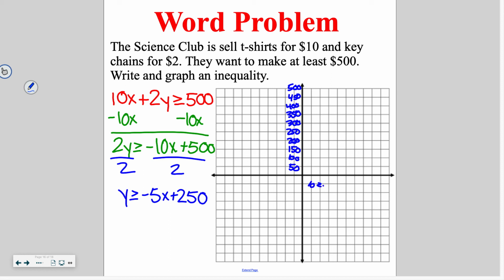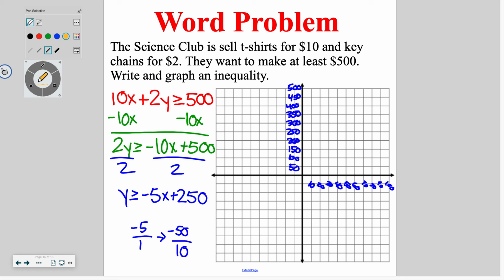So I'm going to count by 10s, because what that will mean for my slope now is that instead of being negative 5 over 1, I can think of it as negative 50 over 10. So negative 5 over 1 and negative 50 over 10 are the same numerical amounts. It's just a different version of the fraction.